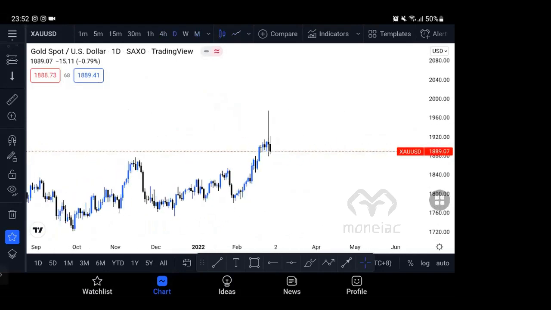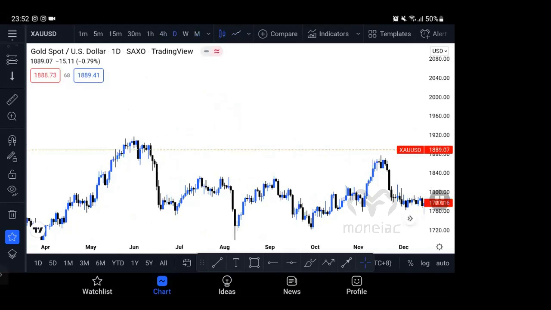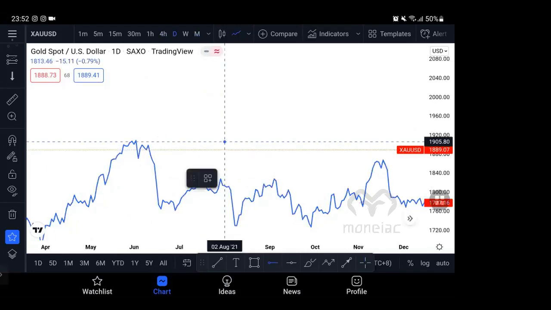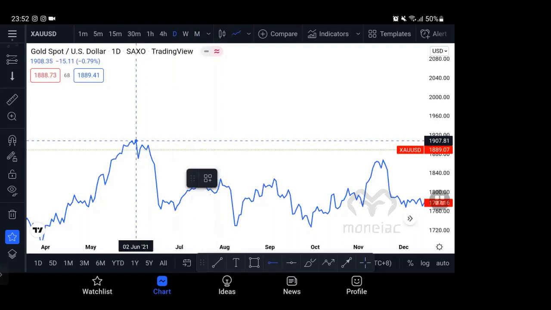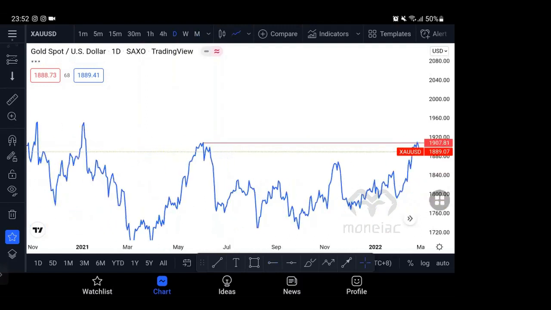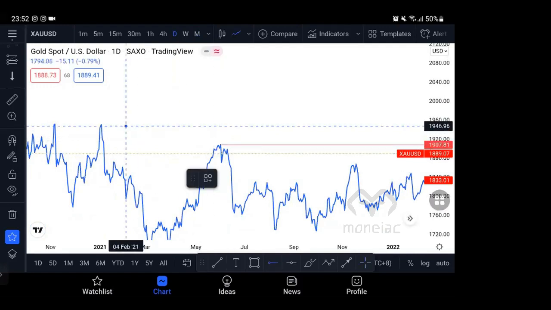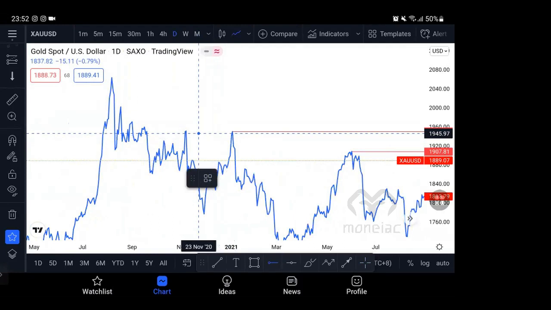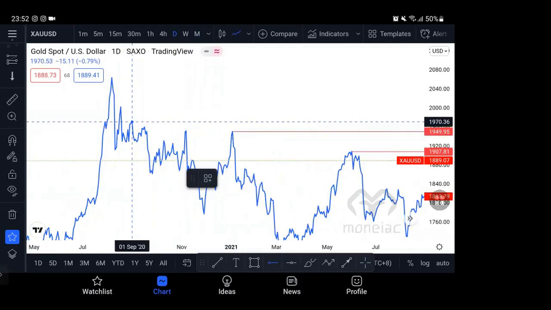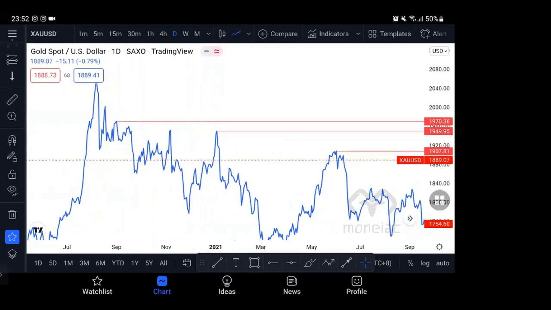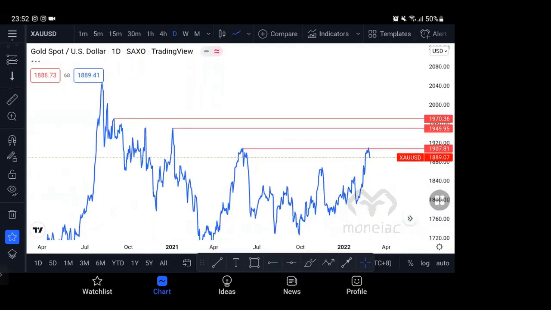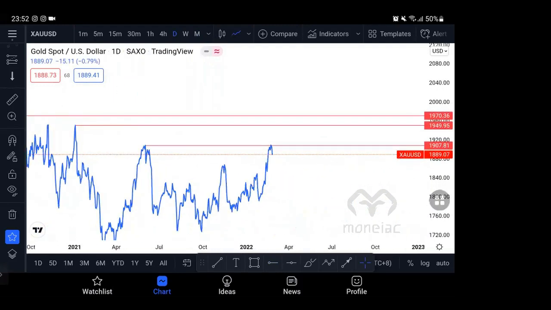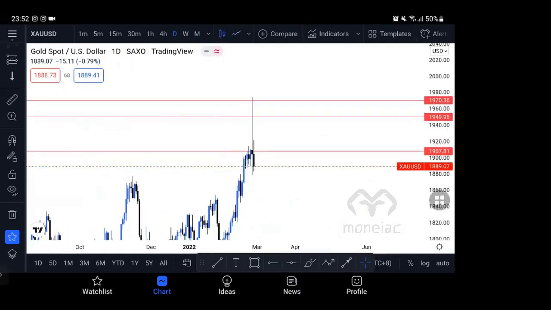Just drop down and look for daily key level. One over here. Just mark anything that's available, taking this key level.